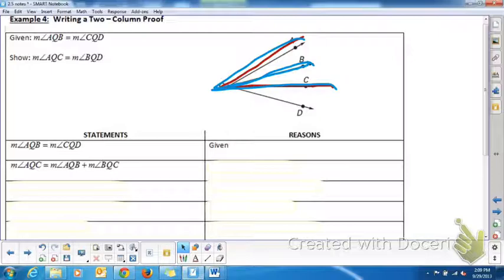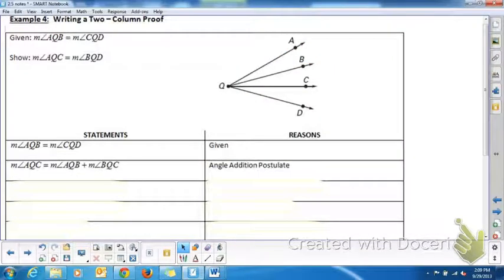When you add two angles together to get a bigger angle, that's using the angle addition postulate. We added two angles to get a bigger angle.